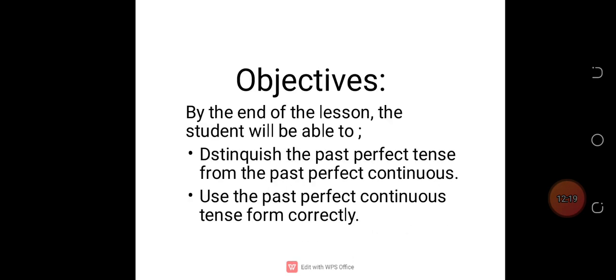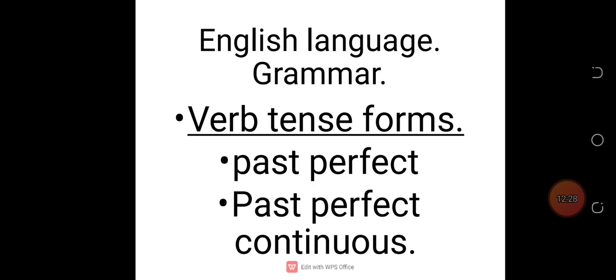All too soon, we are wrapping up today's lesson. Just before we end, I want us to look at what we just did. We tackled verb tense forms, and we looked at two aspects of this: the past perfect and the past perfect continuous.